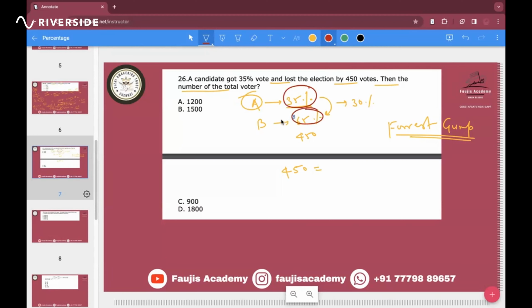Option B is the answer. Absolutely. But Francina, by how much percentage did A lose the election? A has got 35%, B has got 65%. By how much percent has he lost the election? 30%. So 450 is your 30%. Right? Yes, sir. So what is 10%?